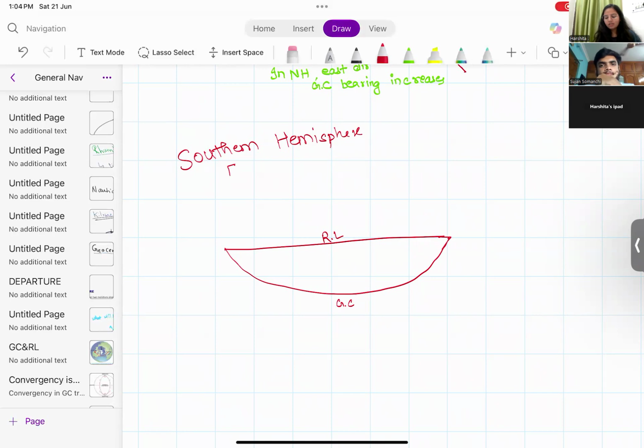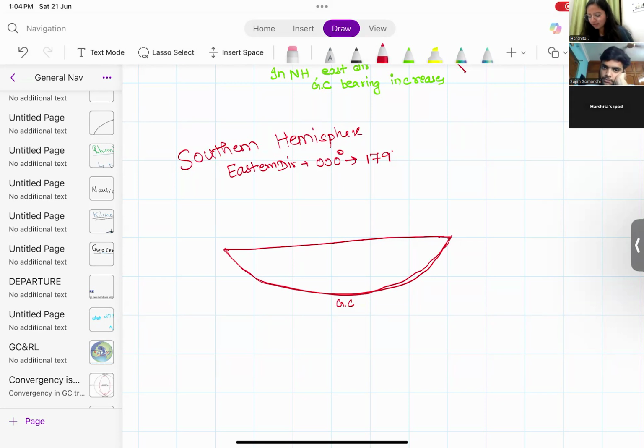Let's talk first about the eastern direction. Eastern directions are from 000 degrees till 179 degrees. So we are traveling in the eastern direction, southern hemisphere. As the name suggests, southern hemisphere. That's why we made a diagram where the great circle was below.